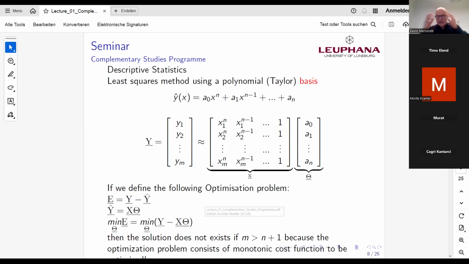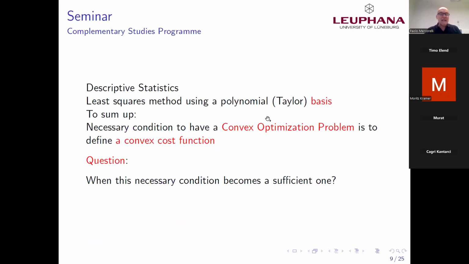Let me go ahead. Let me analyze when the problem makes more sense in the sense of optimization. As I told you before, we need convexity of the problem. Convexity means local convexity. The best way, I don't want to say the best way, but we have a global convexity, which has just one minimum.